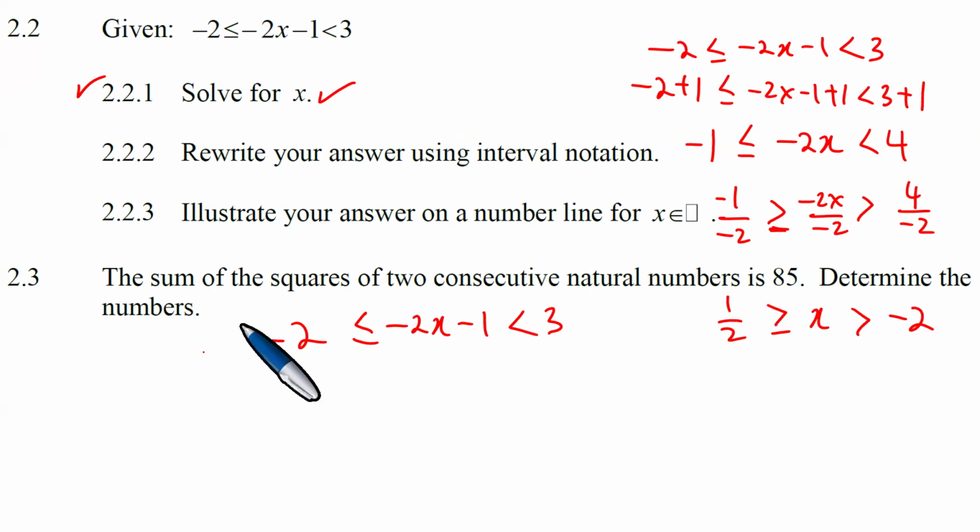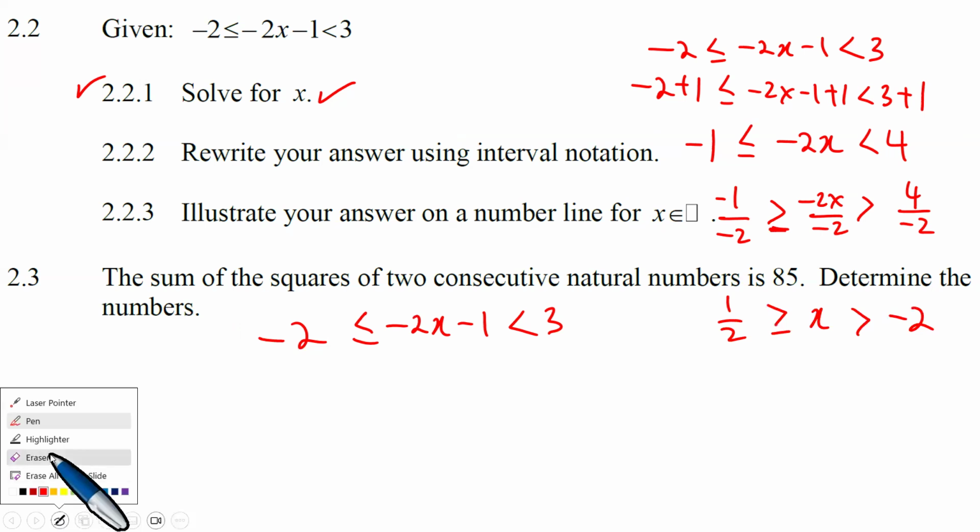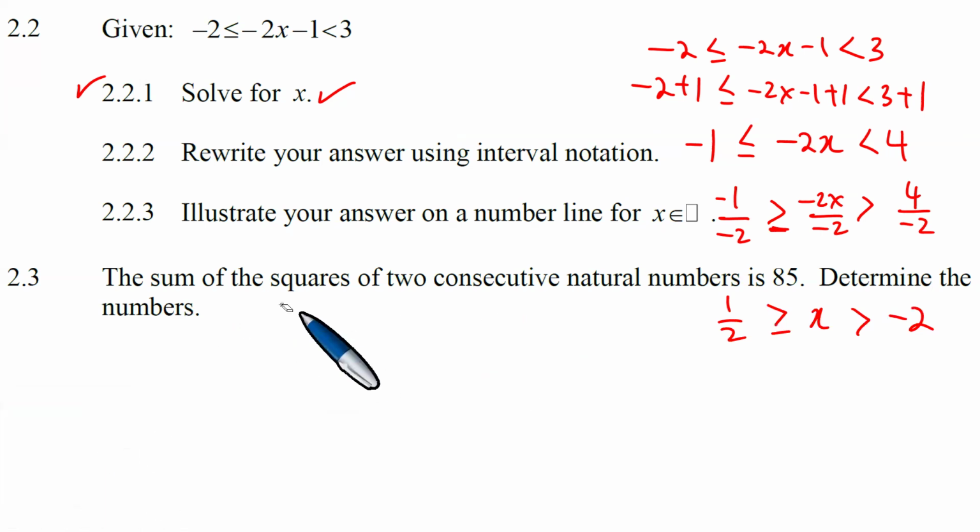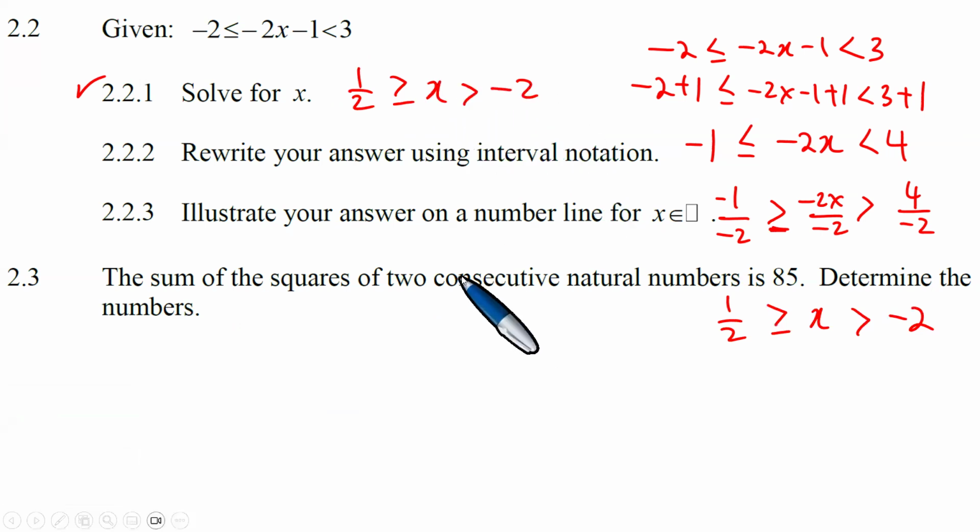So here they said that you need to solve for x. We have solved for x, and the solution is 1/2 is greater or equal to x greater than minus 2. So this becomes the answer.